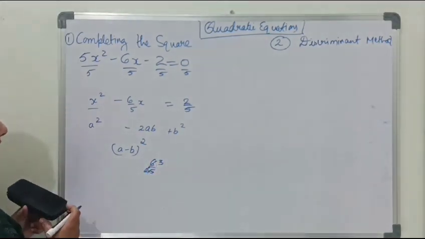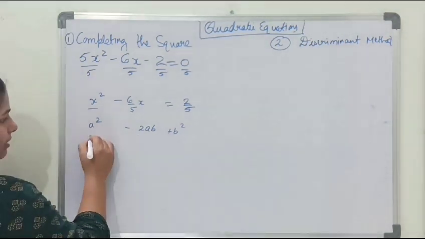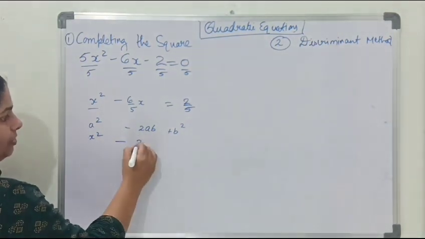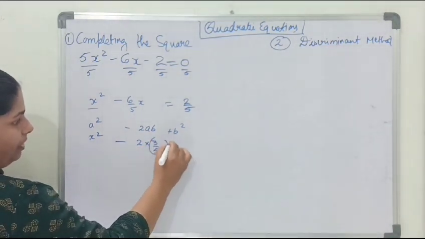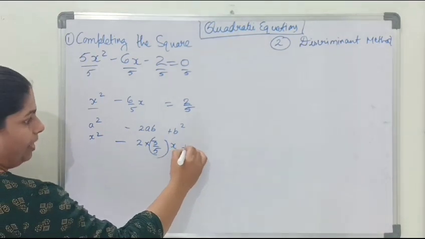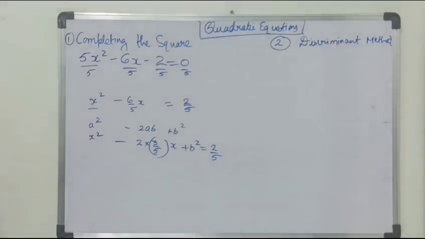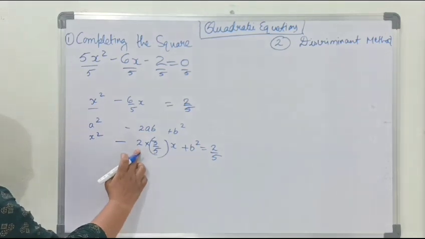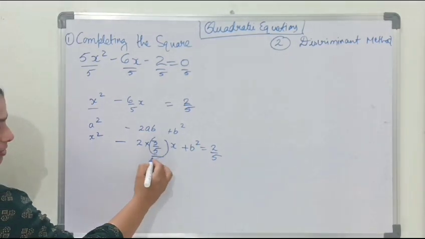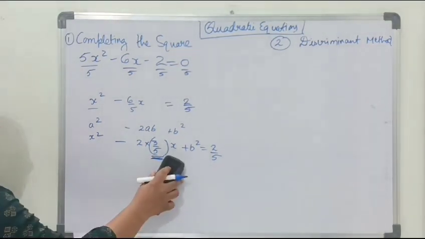We will be getting 3 by 5. So how will I be writing this? x square minus 2 into 3 by 5 x plus b square, which I don't know, equals 2 by 5. Now, x is your a. So, this is your a. This 3 by 5 is your b value. You have now found the value of b.